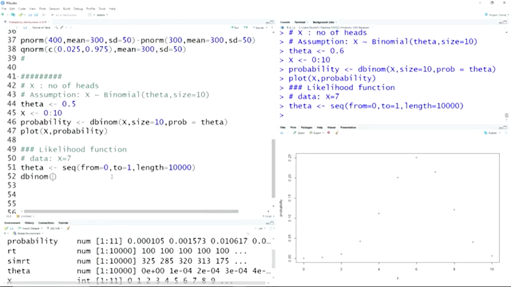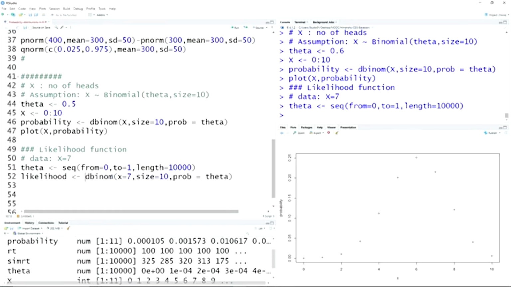Data would go here, so data is 7, x equals 7, right? Sample size is 10, so that is also fixed, and here I would pass the vector of thetas. So the underlying probability of a trial is this vector of theta. So I'm basically calculating it for different values of theta. Let me call it likelihood.